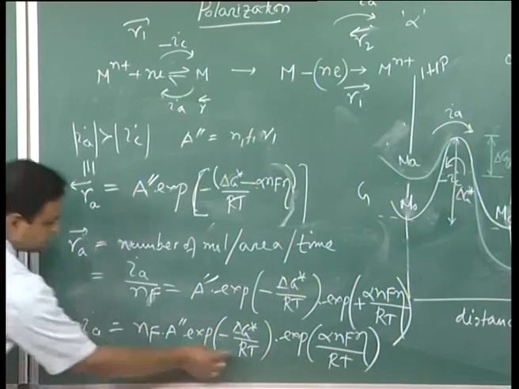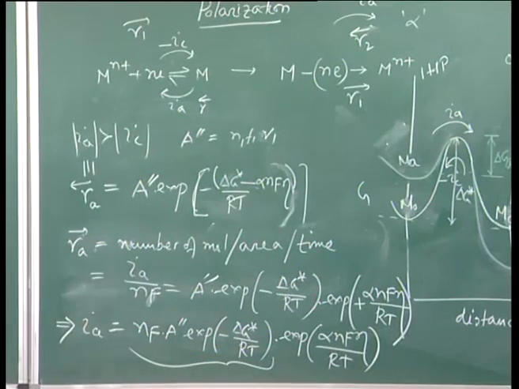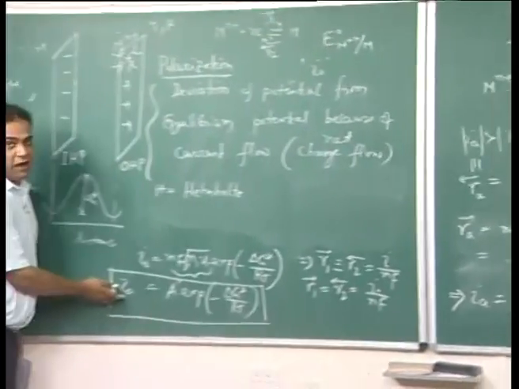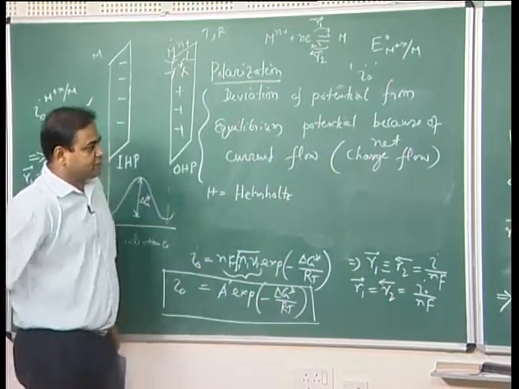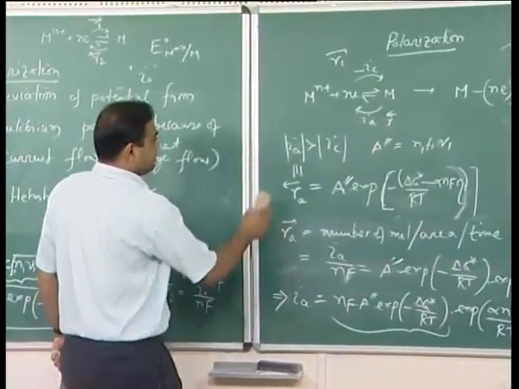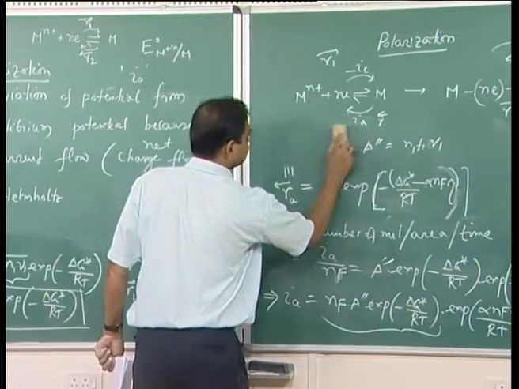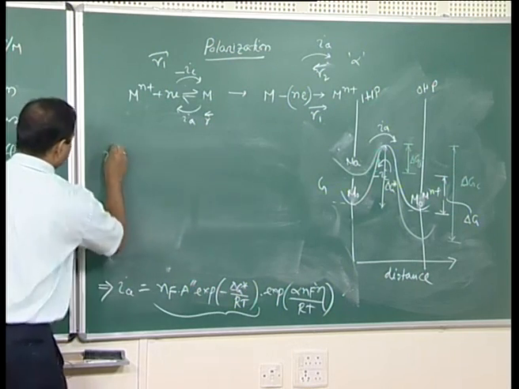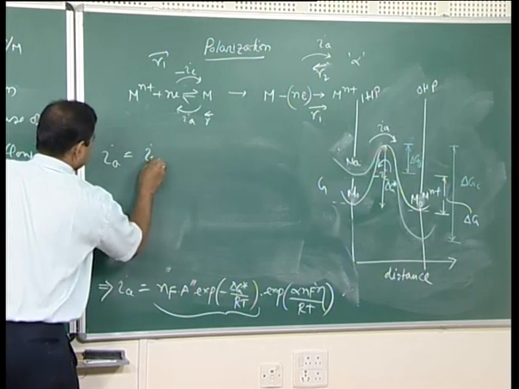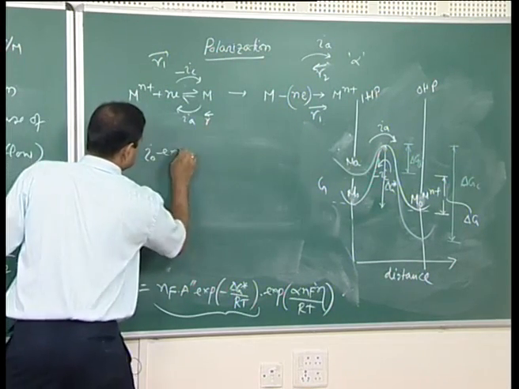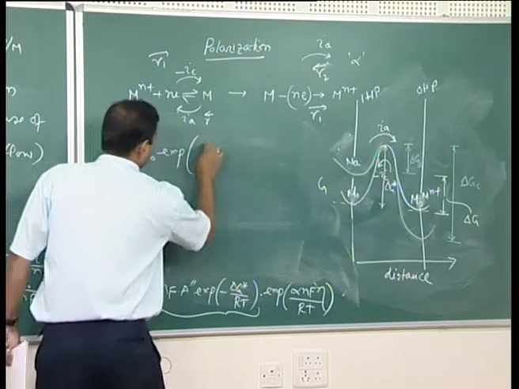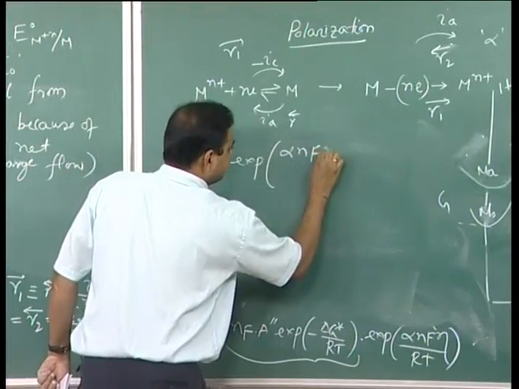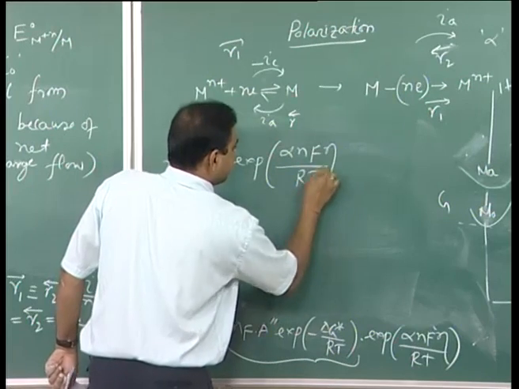So, what is this? This is nothing but I 0. So, I can write I A would be equal to I 0 exponential alpha n F eta by RT.